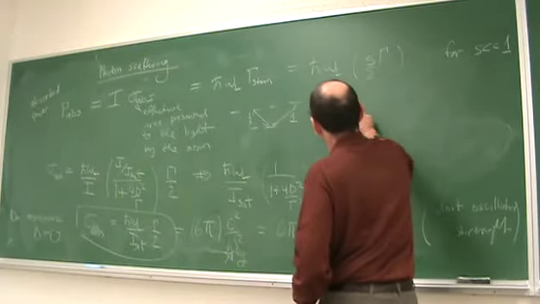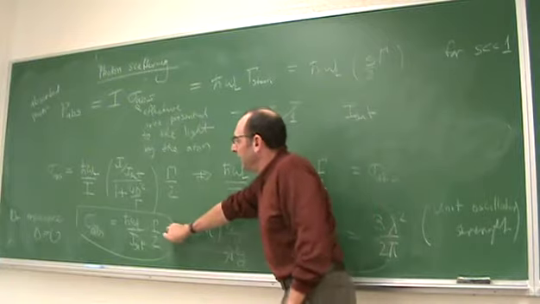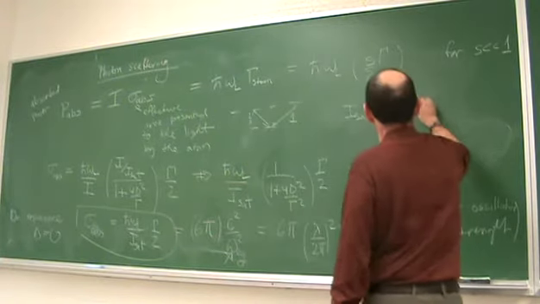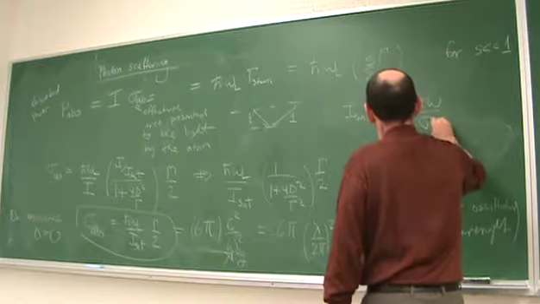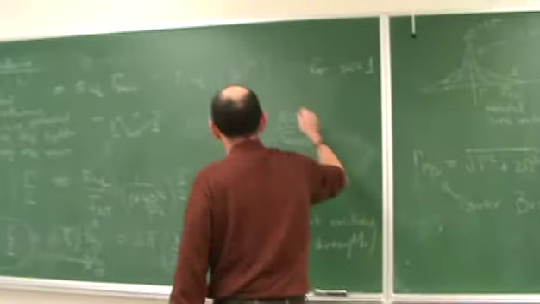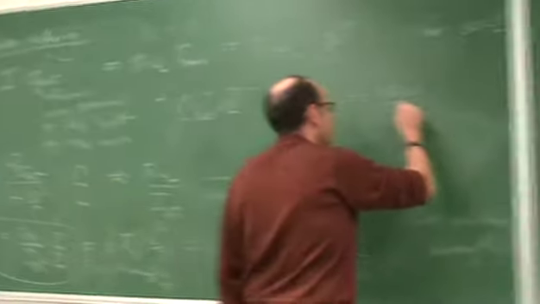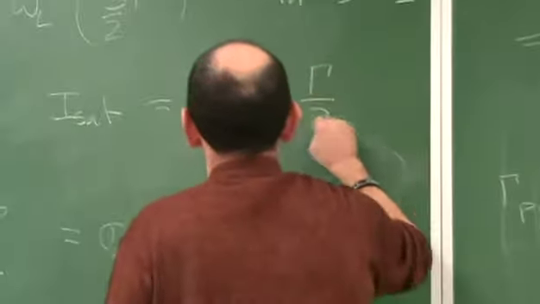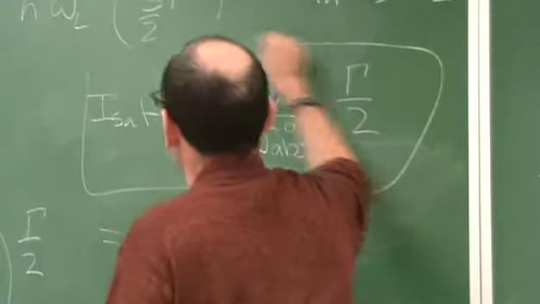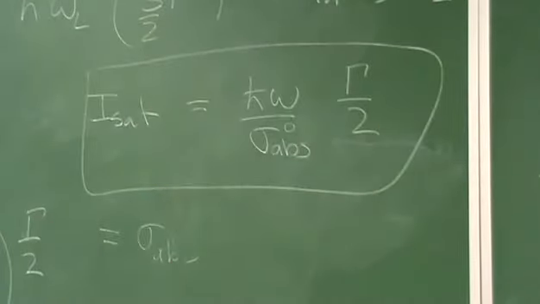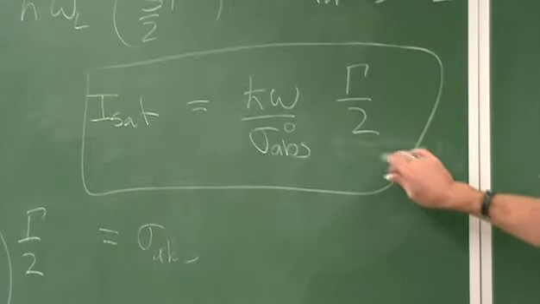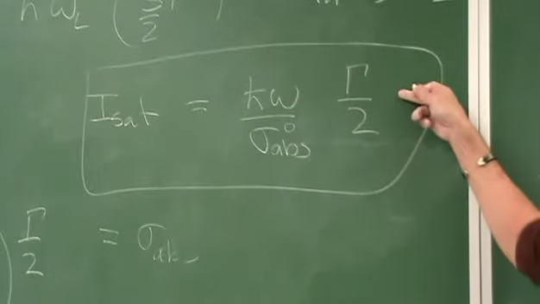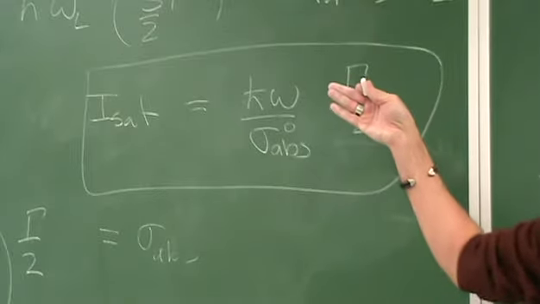If I solve this equation for the saturation intensity, then the saturation intensity on resonance, let me call this 0 to emphasize that it is on resonance, is equal to the resonant expression. This is the familiar expression to me for the saturation intensity. Not that other one with the 6 pi's and all that, I don't know what that is. But I know what this is, because this is energy per unit area times the rate, which is an intensity.